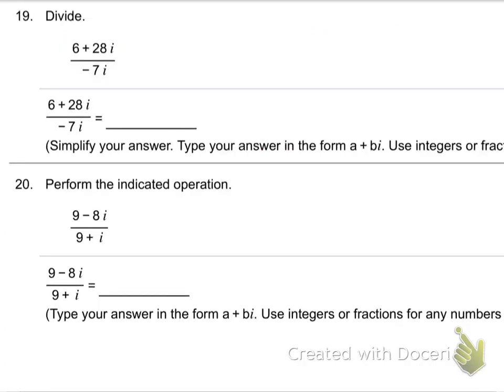Number 19. So again, we have an i in the denominator. And we can't leave an i in the denominator. So what are we going to do? We're going to multiply top and bottom. But this time, you only need to multiply the top and the bottom by the i. You don't need the 7 or the minus. Why not? Well, because there's not two things glued together.